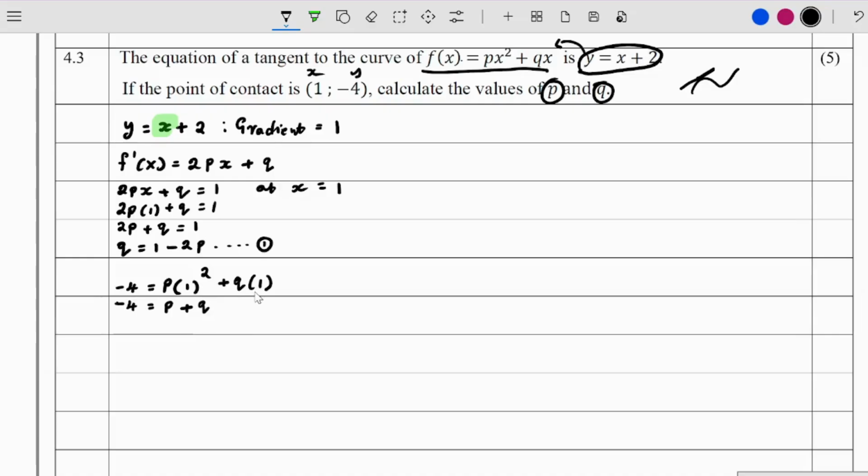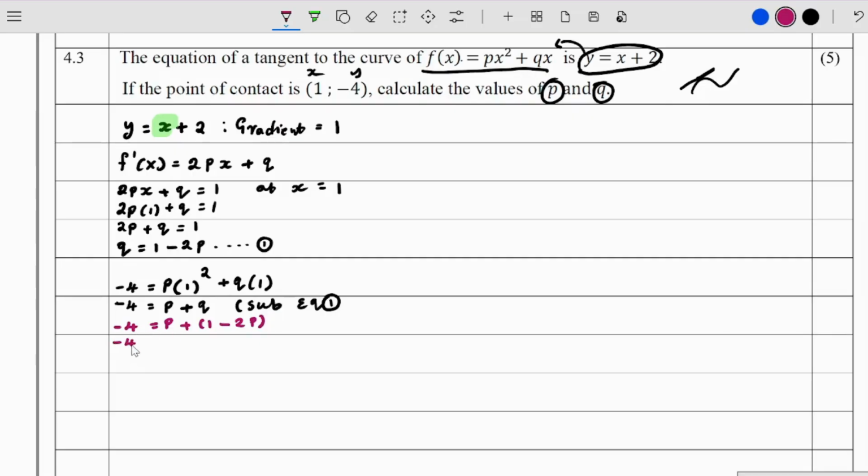But what is q? q is 1 minus 2p. So I'm going to substitute equation number 1 into this equation. Let me change the color there. I will have negative 4 equal to p plus, where I see q, I replace it by 1 minus 2p. Immediately upon substitution, I only deal with one variable.